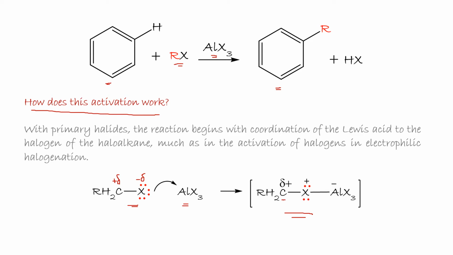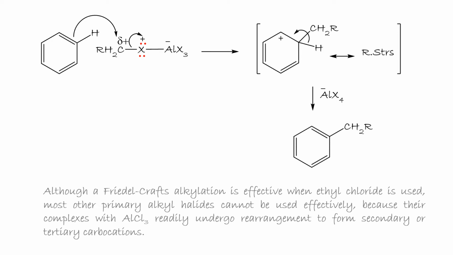So this carbon carries much more partial positive charge and can be recognized now by the benzene electron clouds. So it attacks this carbon, kicking AlX4- out and forming the sigma complex, which is again stabilized by resonance, then elimination of a proton to form alkyl benzene.